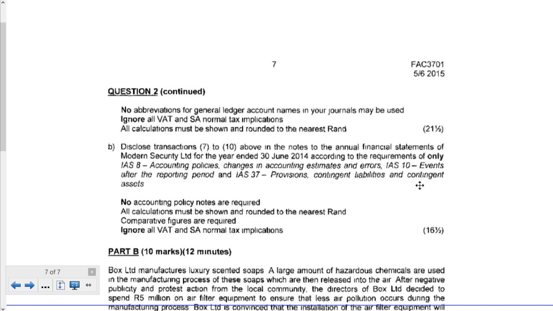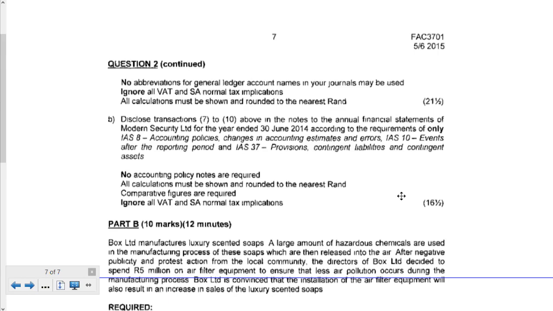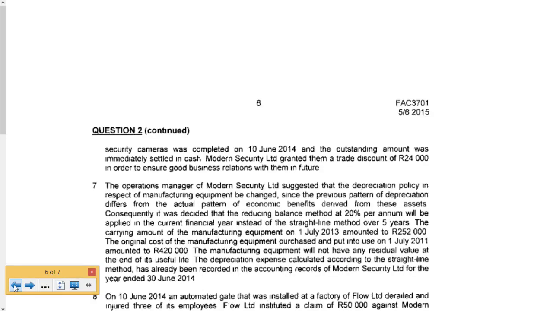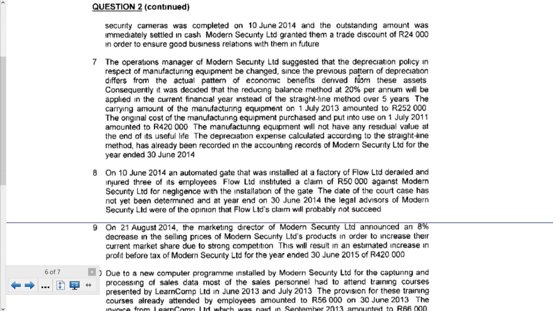They then also ask you to disclose transactions 7 to 10 in the notes, and these transactions 7 to 10 have to do with changes in accounting policies, errors, events, and provisions. So if we quickly look at 7 to 10, 7 is a change in accounting estimate.